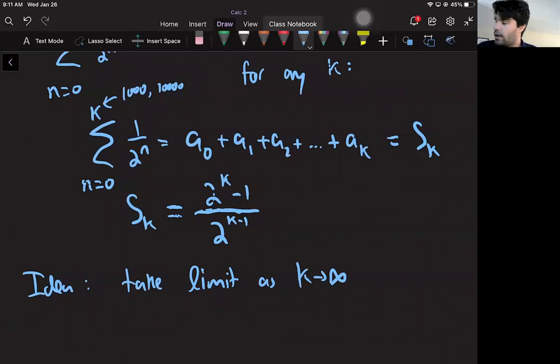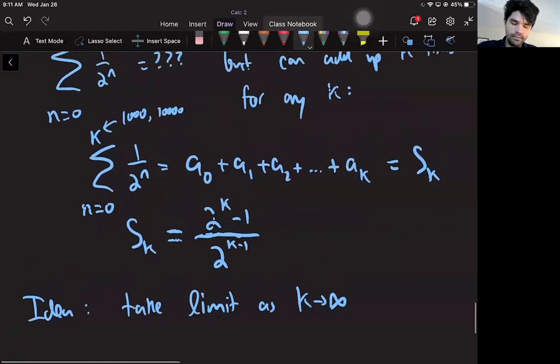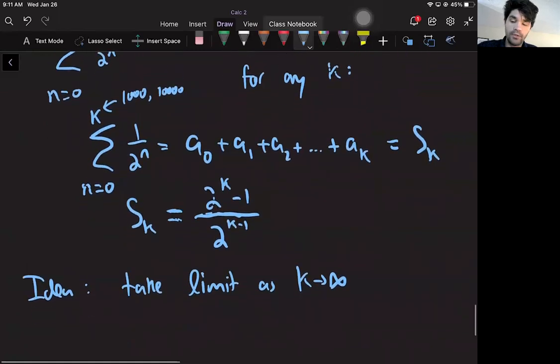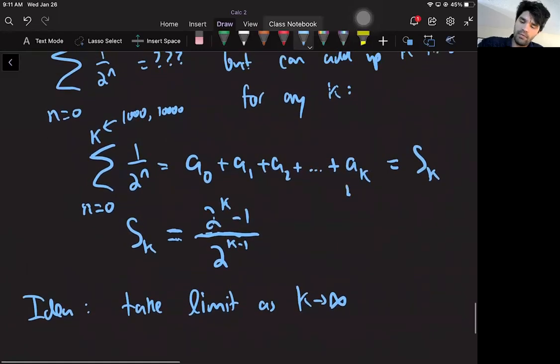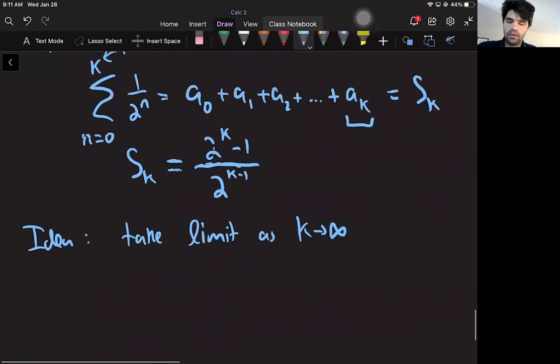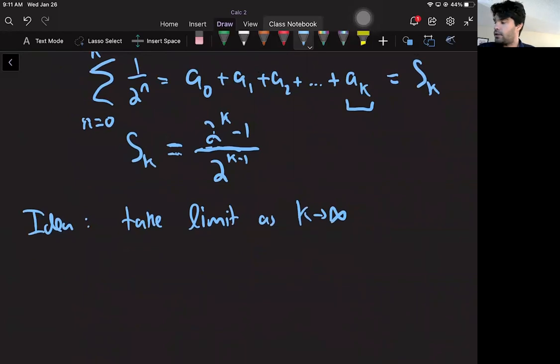So then that should be as if I'm adding up infinitely many terms, because I'm making this go to infinity. I'm making the kth term not really be there anymore because it just goes on and on forever. So that's what we're going to do. And that should be the finite sum.